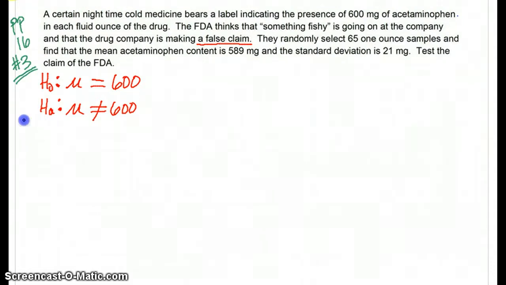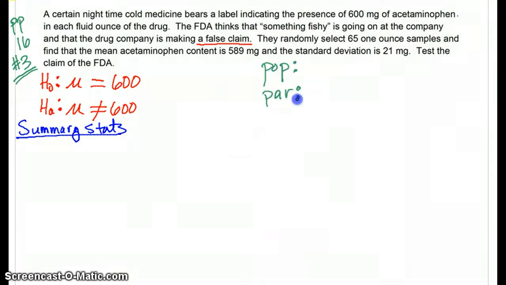All right, so I might want to have my summary stats underneath, and I might want to define my population and my parameter. Of course, what did I tell you is most important? That would be the parameter.